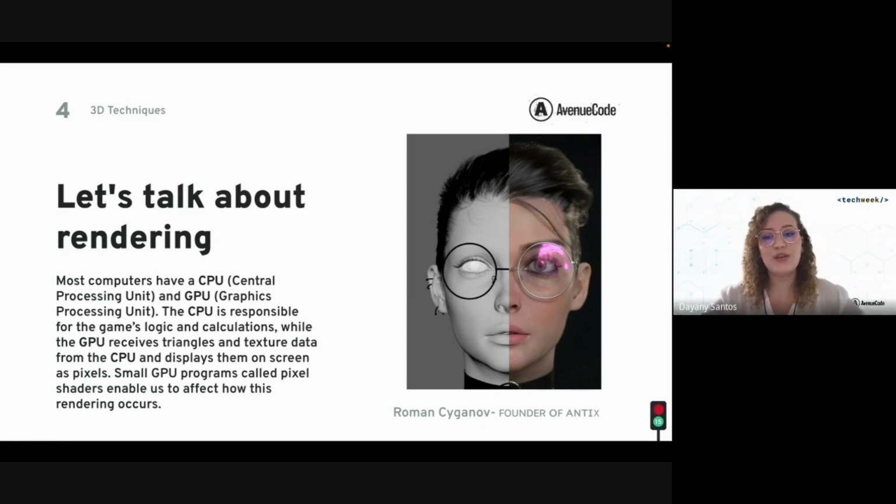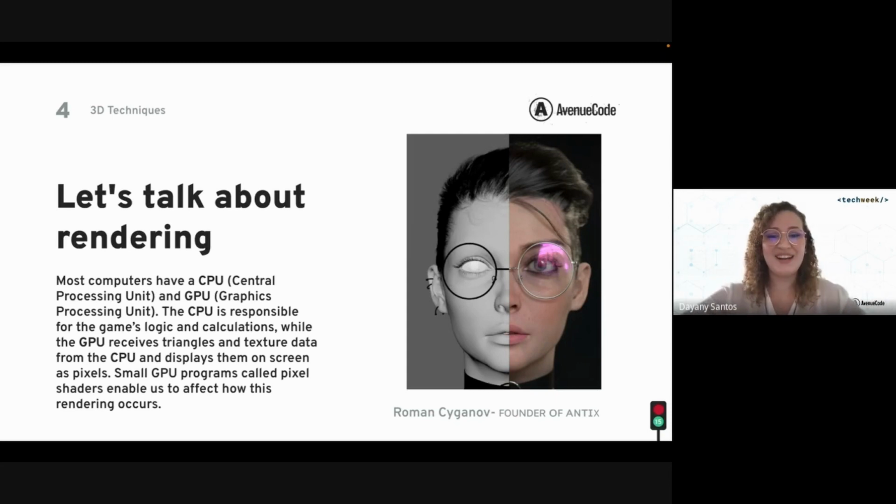The CPU is responsible for the game's logic and calculation, while the GPU receives triangles and texture data from the CPU and displays them on the screen as pixels. Small GPU programs called pixel shaders enable us to affect how this rendering occurs.